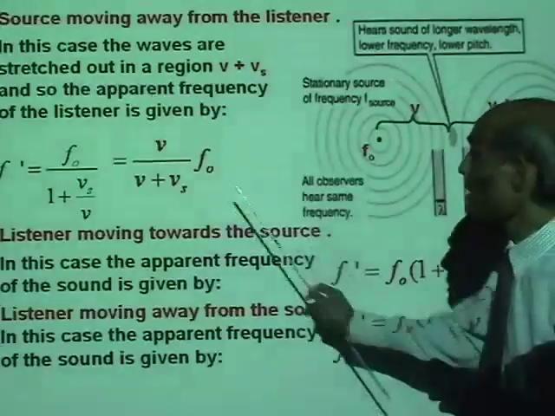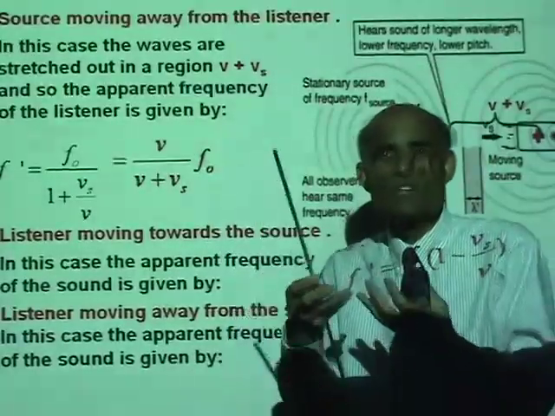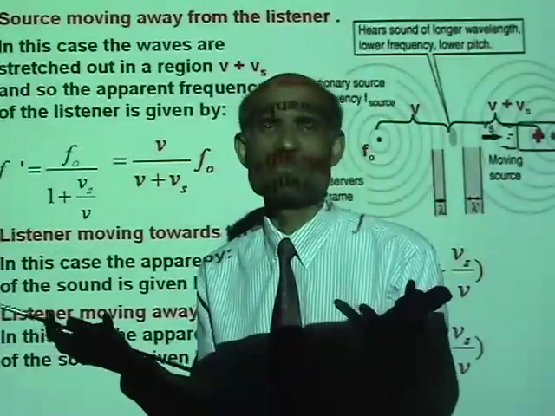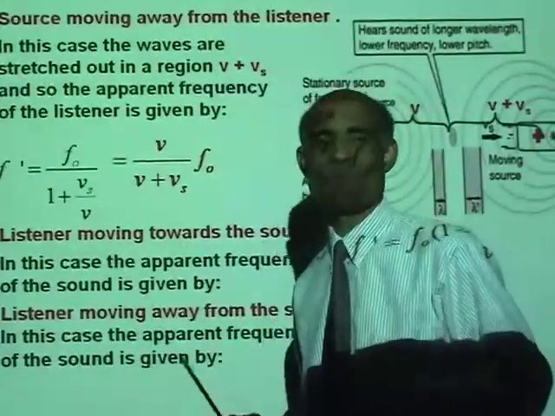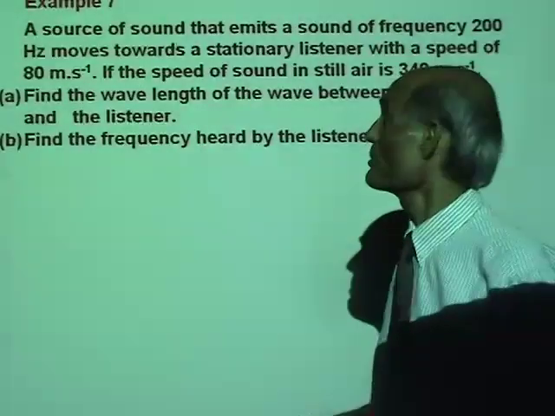Alright, so keep track of these 4 formulae. Write them down so that you become familiar with it. I don't want you to learn them by heart, because you can keep all these formulae with you when you solve problems. Alright, let's do this simple problem.